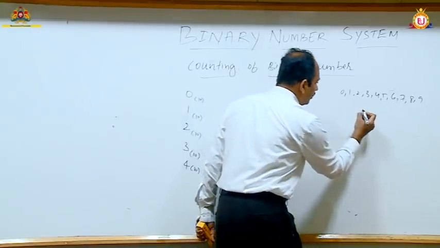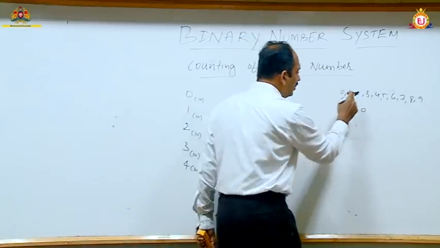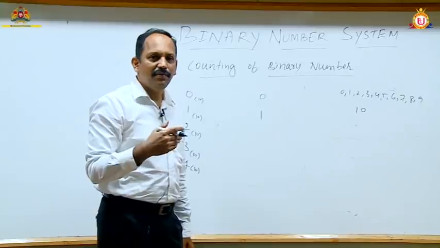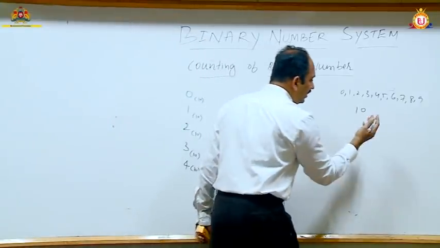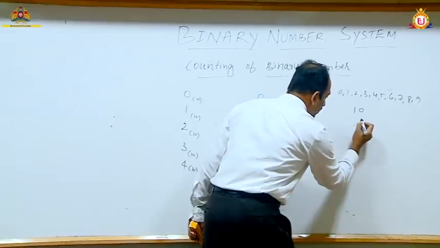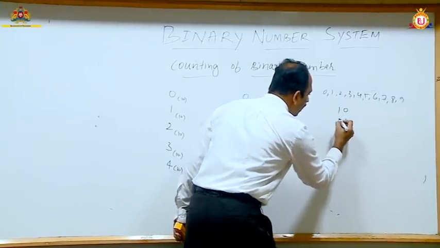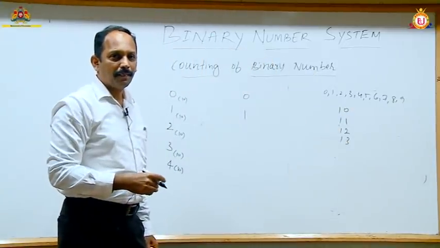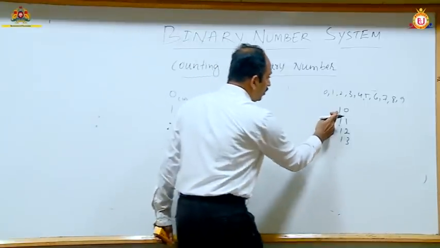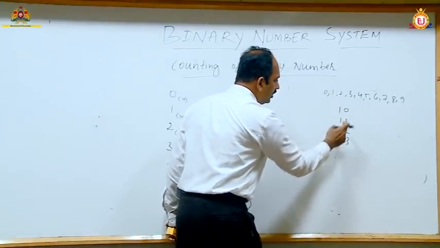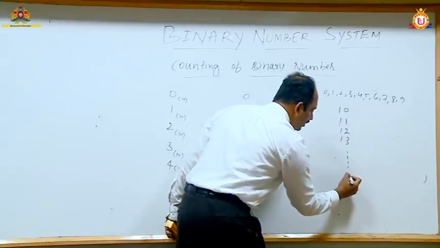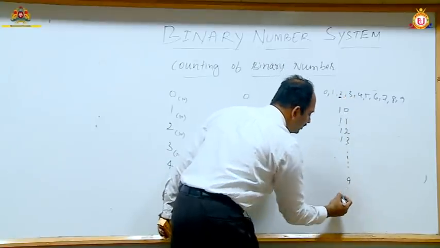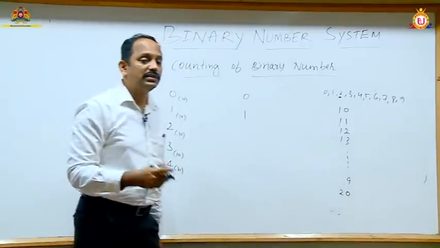The least value is 0 and the next value is 1. The 1 will be written at the left side. Then the next numbers are 1 and 1, 1 and 2, 1 and 3. Like this we write. See, 1 in the leftmost position, then 0, 1, 2, 3, up to 9 we write. Then we select the next digit towards the left and write 20.